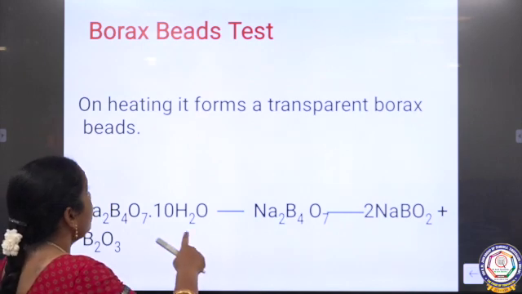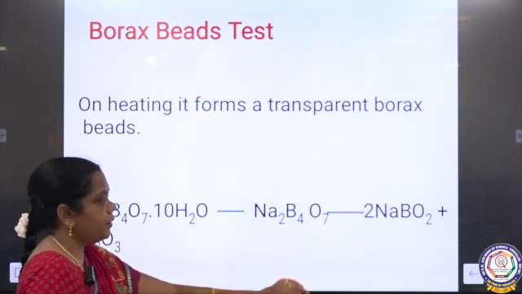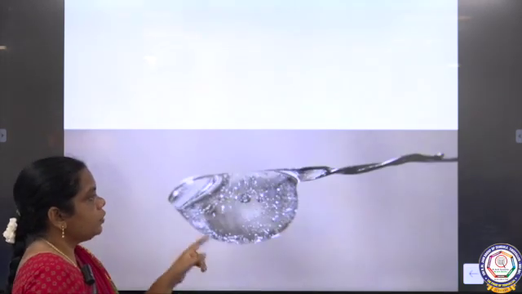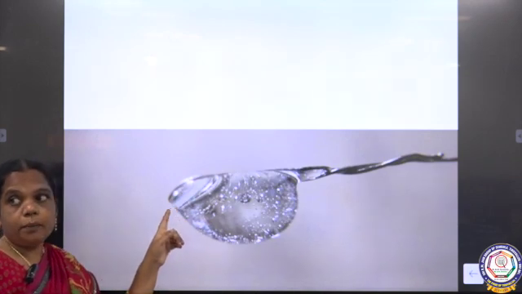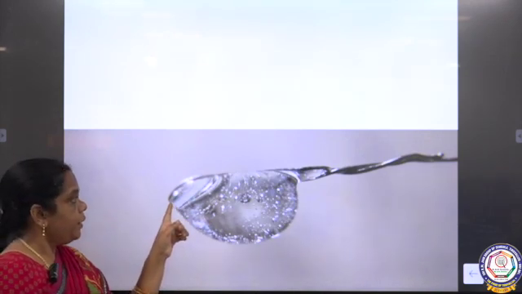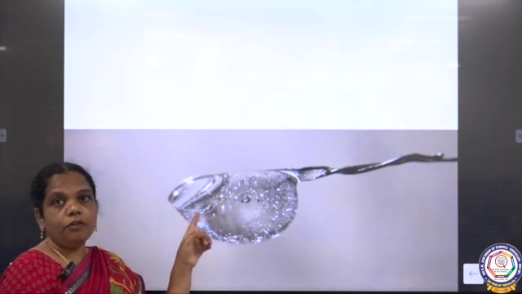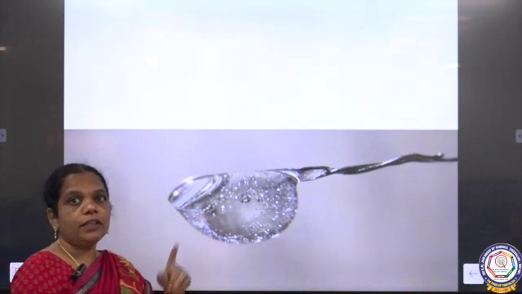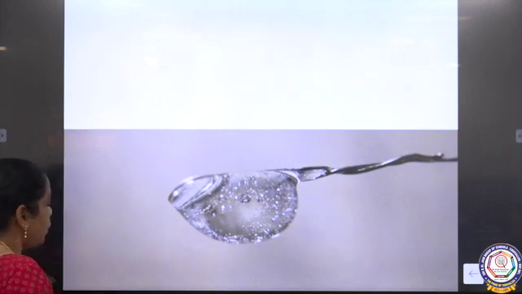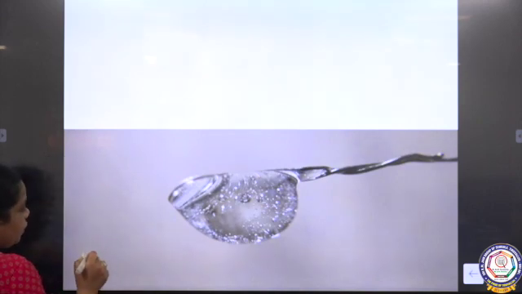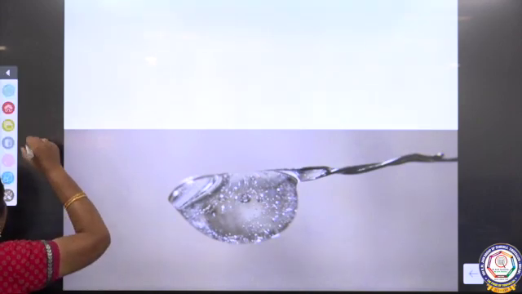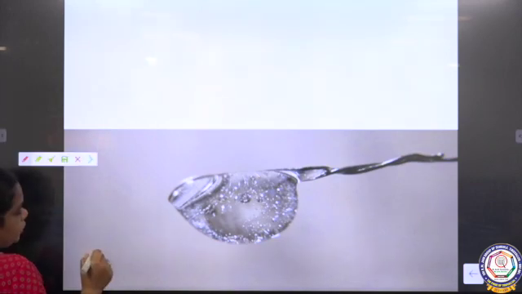Now the borax bead test. You are going to take a platinum wire loop, and in this you take the mixture of boric oxide along with the metal you want to identify. Suppose we take copper.